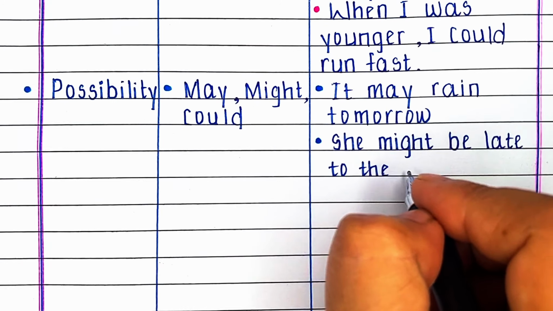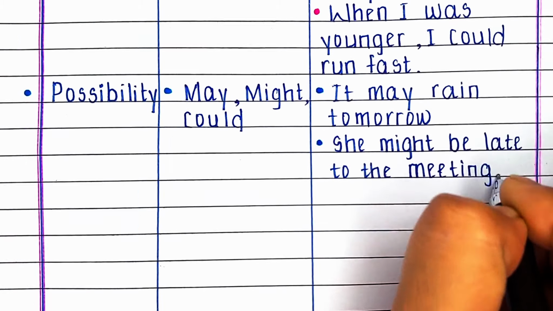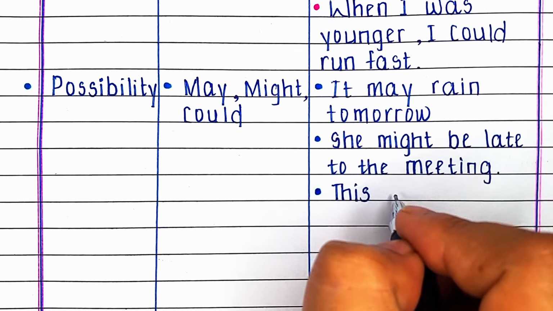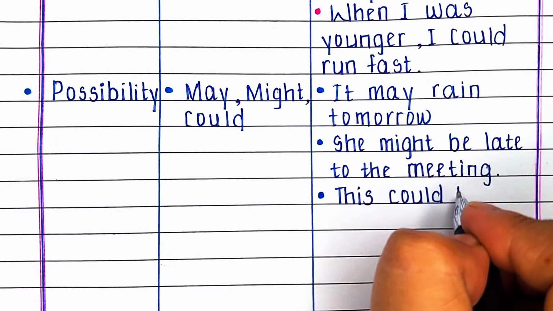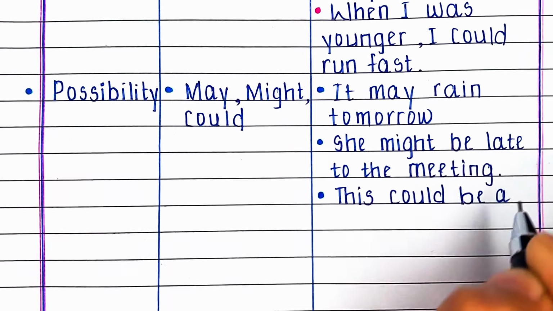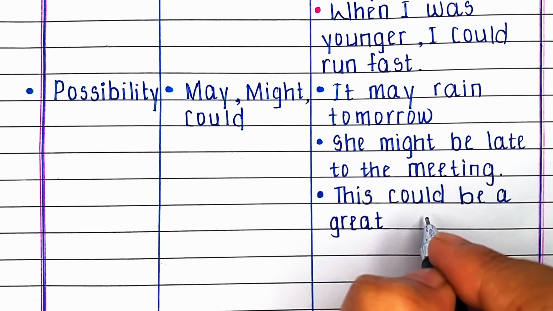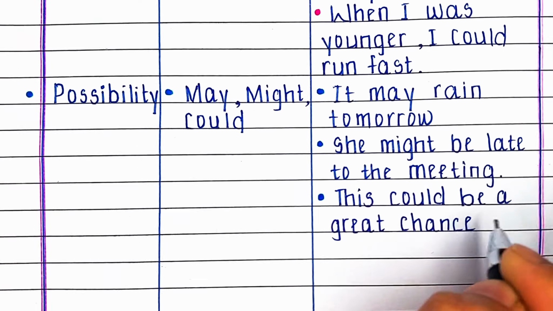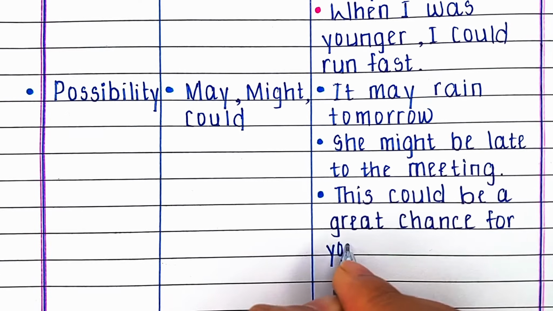Next is might. Example is, she might be late to the meeting. Next word is could. Example is, this could be a great chance for you.